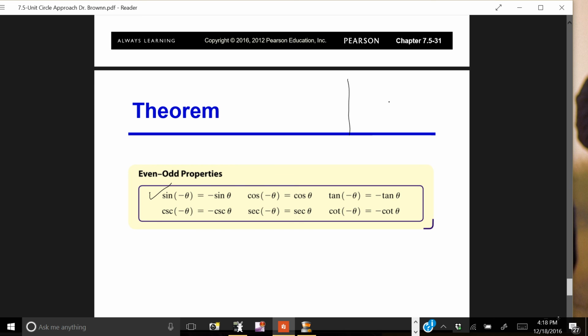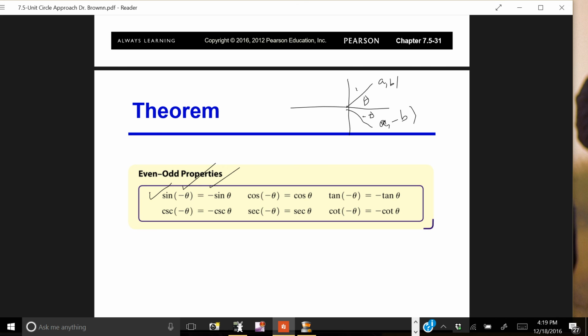And you can see that if you go to theta, which has a point A and B on the unit circle, and go to minus theta, which has a point A and minus B, that the sine of minus theta is minus the sine of theta.